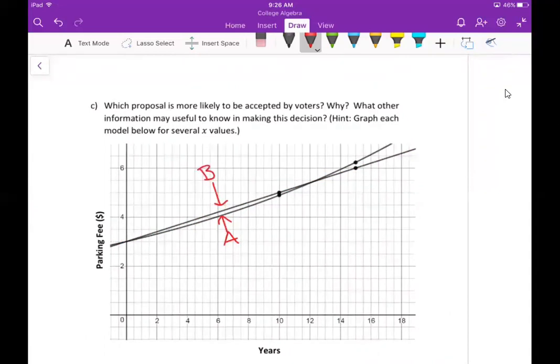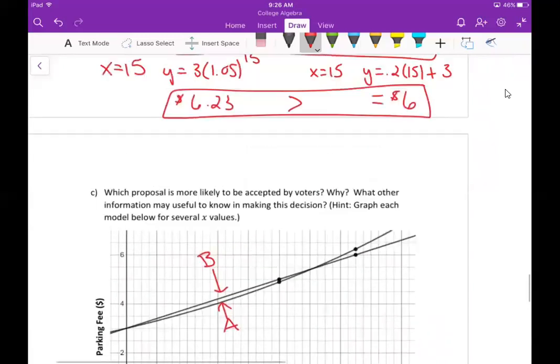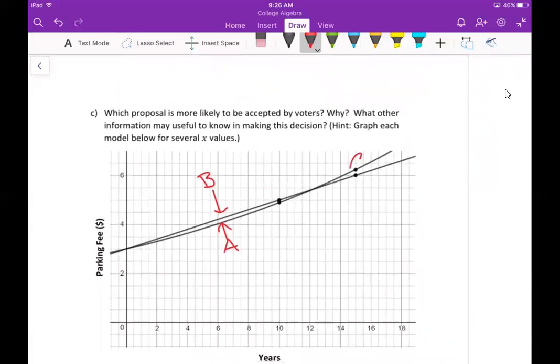After 15 years, they had switched. This is then proposal A, and this is proposal B. Remember, at 10 years, we still had B above A. So we can see that they do intersect eventually. Looks like a little after 12 years, maybe around 13 years, they would be equal and switch.